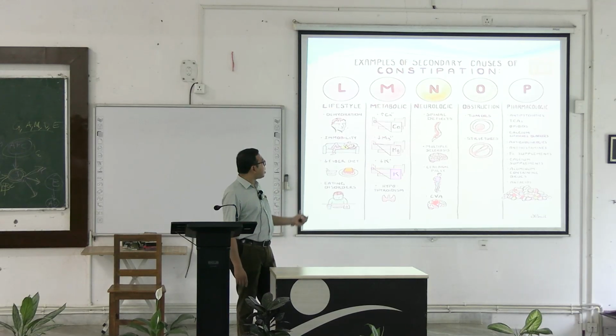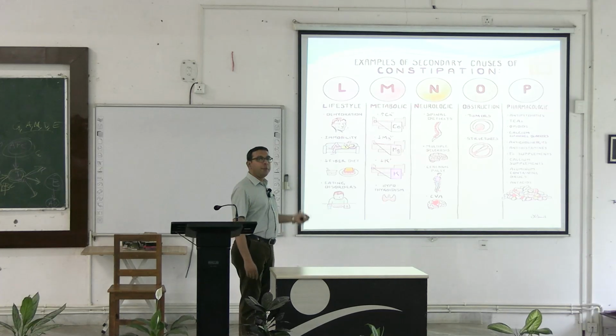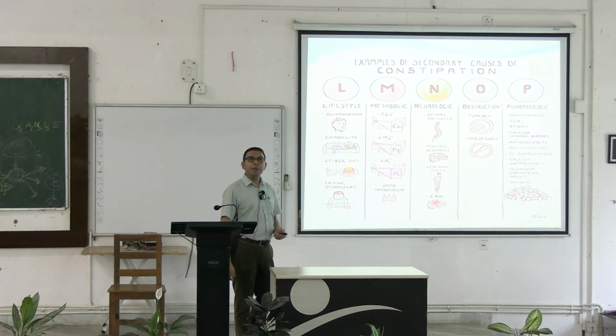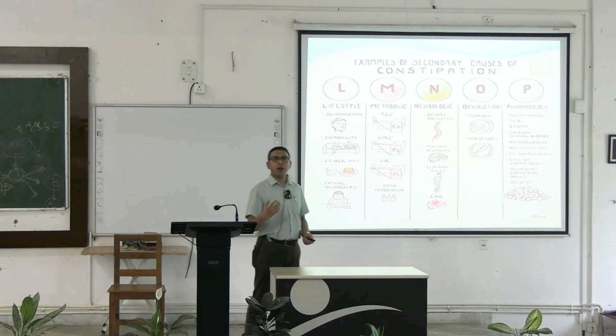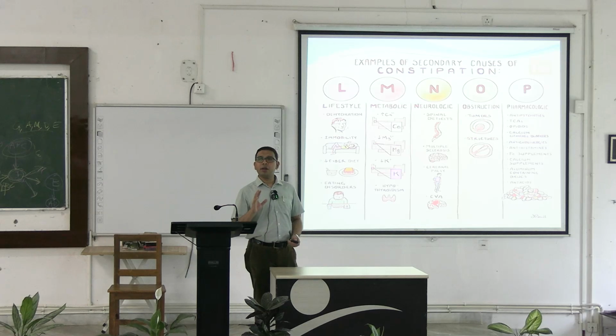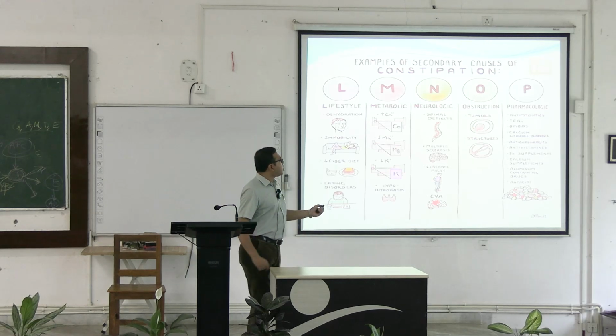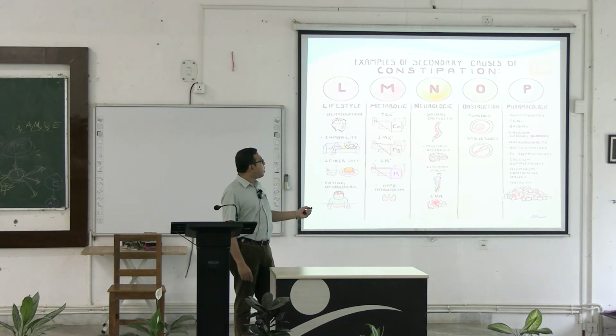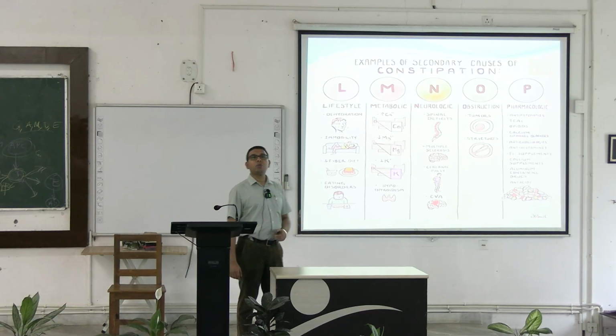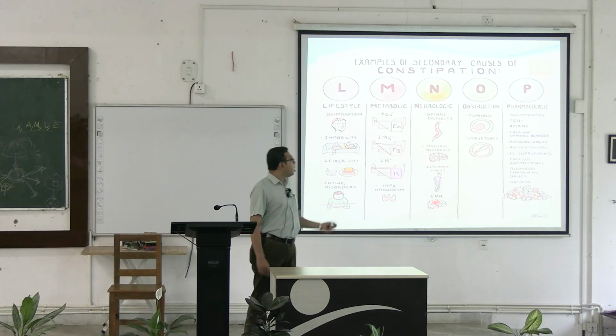Some metabolic problems are there, if there is increased calcium, hypercalcemia, if there is decreased magnesium, hypomagnesemia, decreased potassium level, hypokalemia, or hypothyroidism. Hypothyroidism is very commonly associated with chronic constipation.